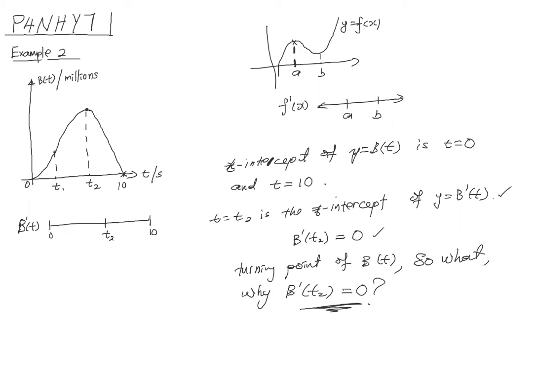Thaddeus, you want to try further? I guess because the rate of change is 0. Yes. So the reason is because B prime t is the rate of change of Bt, right?